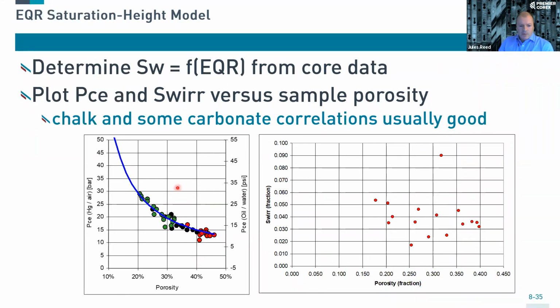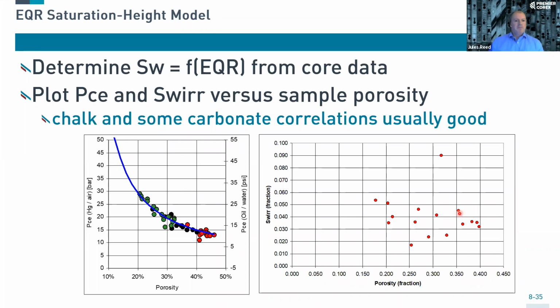What you do to get this as a function for, say, integrating with logs, is from the core data, get a plot of entry pressure versus porosity and get a correlation of entry pressure to porosity. Also get a correlation of SWI versus porosity. Generally what you'll see maybe is a fairly tight SWI regime.